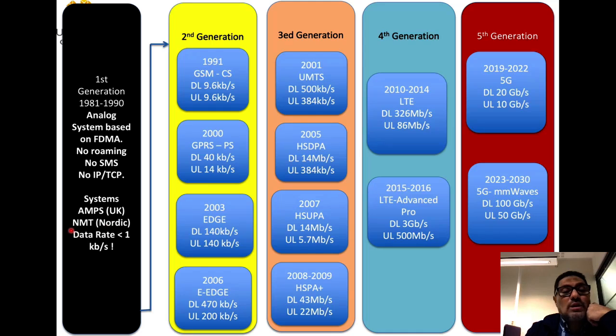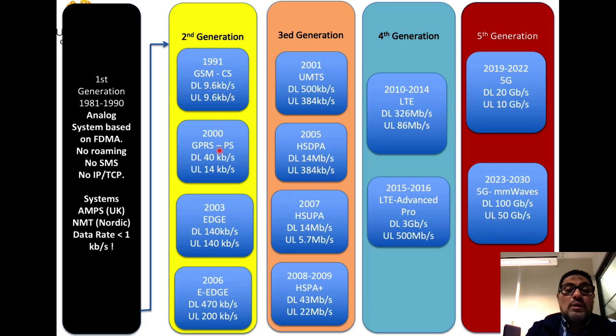One of the systems is called Nordic Mobile Telephone, NMT, in the Nordic countries. Then starting from 1991, we had the second generation, known as GSM, where the data rate was around 10 kilobit per second.